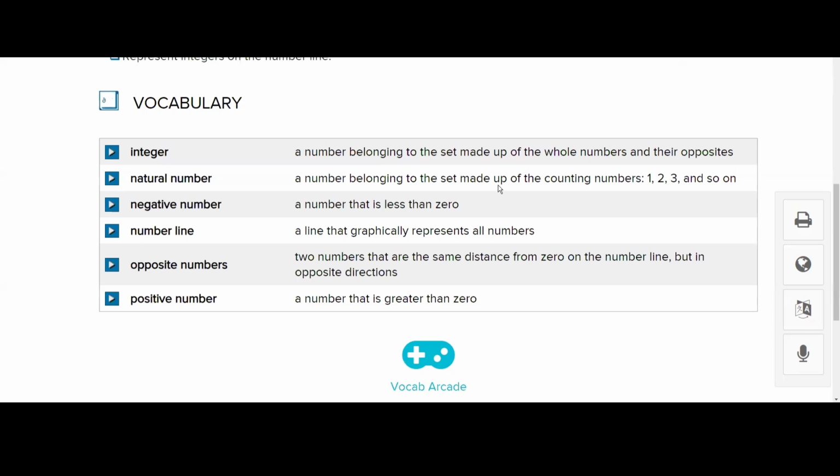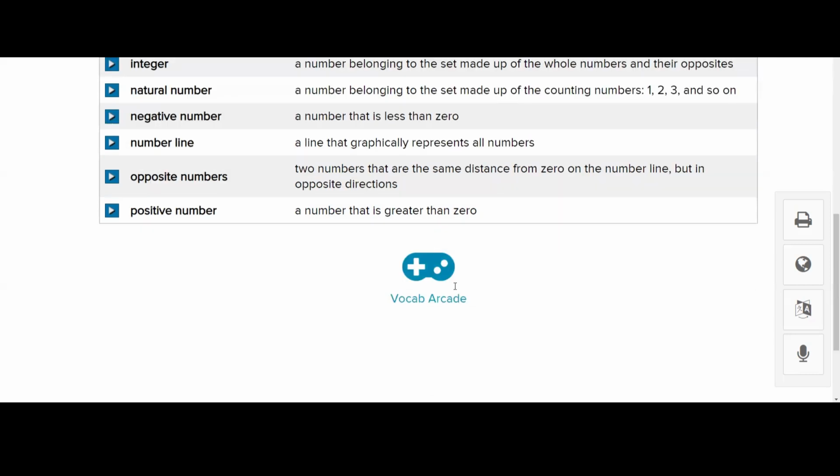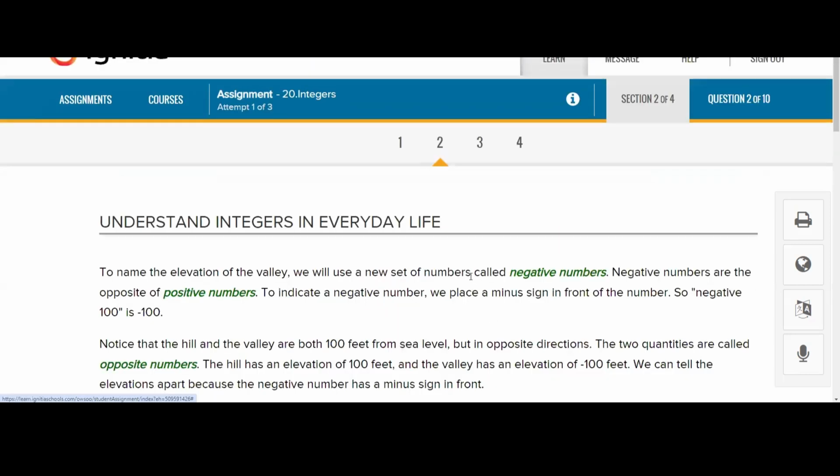Number line: a line that graphically represents all numbers. Opposite numbers: two numbers that are the same distance from zero on the number line, but in opposite directions. Positive number: a number greater than zero. Good, good. So let's continue to the next section.